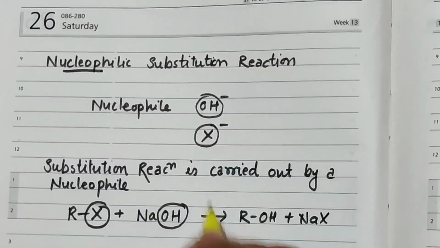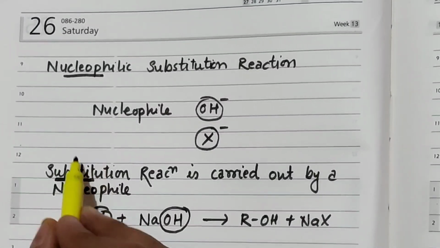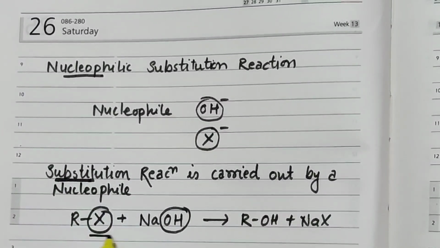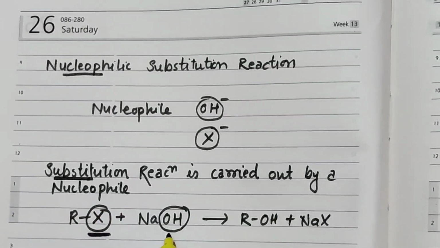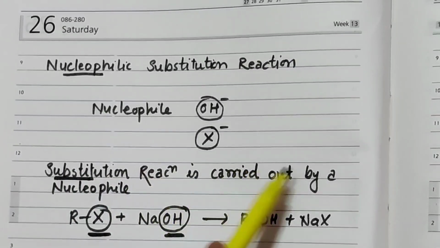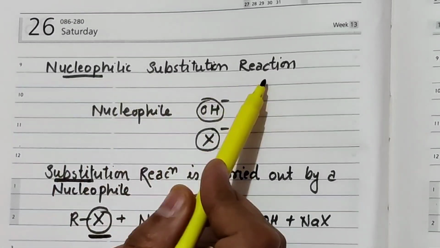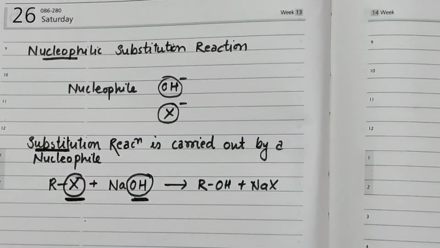It is just an example of showing you what substitution means. In substitution, this position is substituted by another nucleophile. So when a substitution reaction is carried out by a nucleophile, it is known as a nucleophilic substitution reaction.